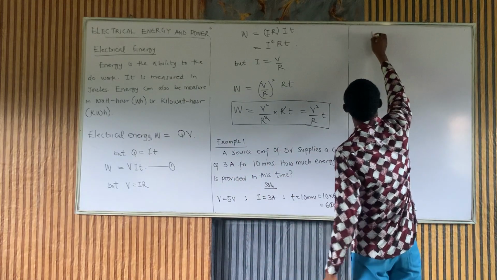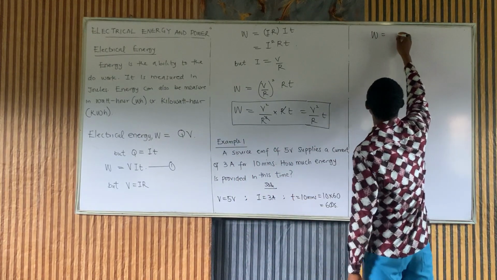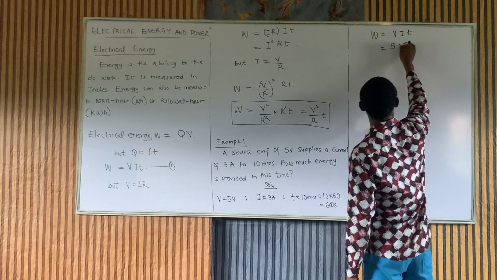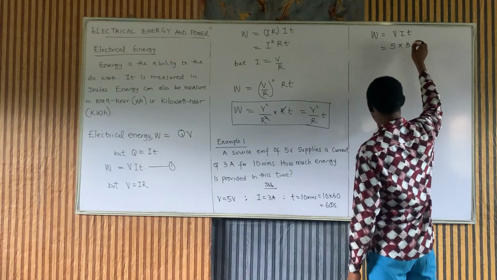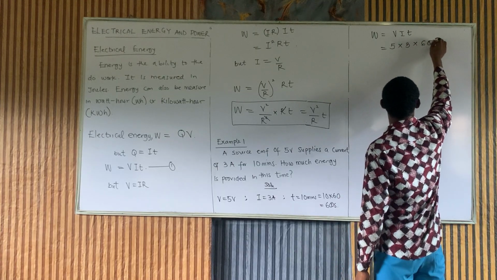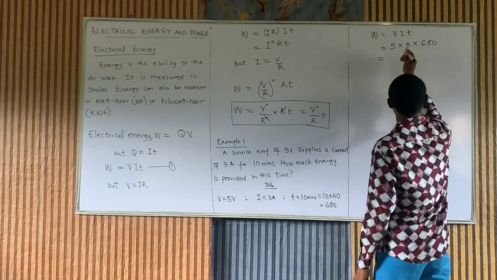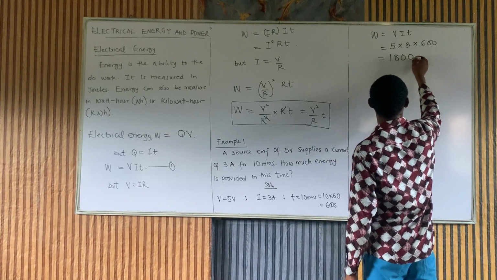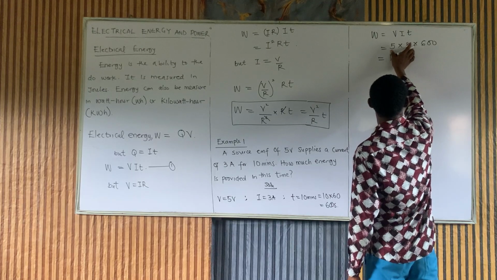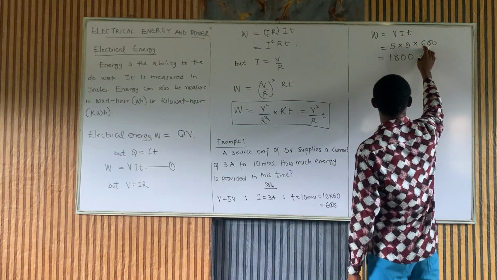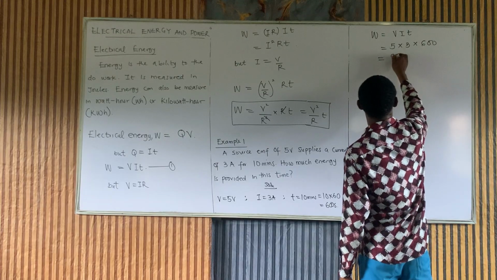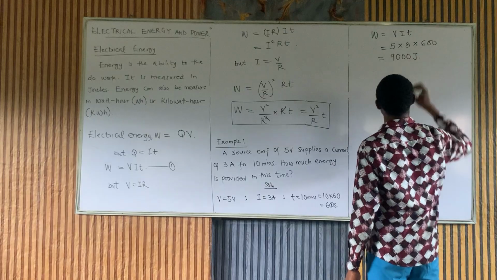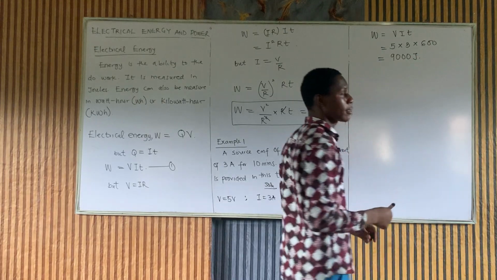The electrical energy, we use VIT in this case, V times I times time. The voltage is 5, the current is 3, and then times 600. This will give us 15 times 6. So that's the answer for this.